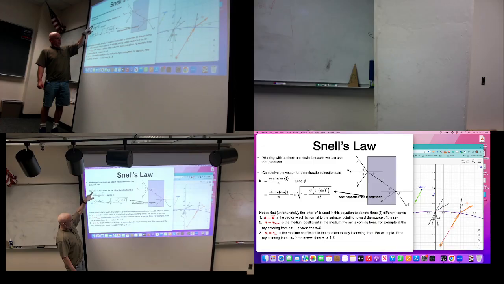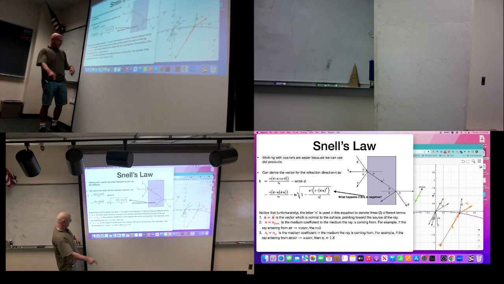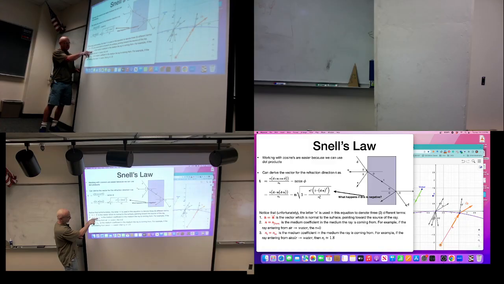It's confusing because there are 3 n's in this formula, and I didn't want to change this n to another letter, but you need to pay some attention to remember which n is which. So there is n non-boldface, and n non-boldface means the coefficient of the medium where the ray is coming from.